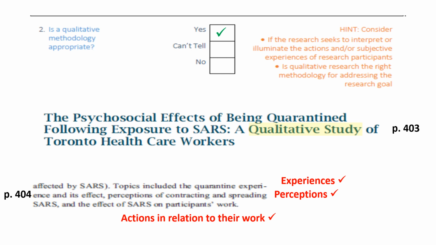So quite clearly the phenomenon being evaluated here is suitable for a qualitative methodology. So we already have two green ticks here to indicate fulfillment of the two screening criteria, which suggests it will be valuable to proceed to the rest of the study.